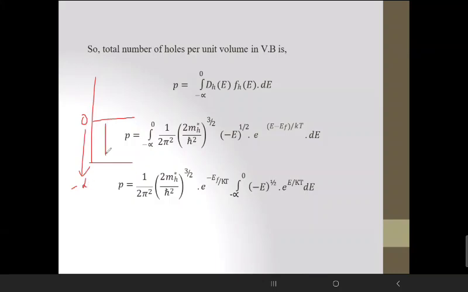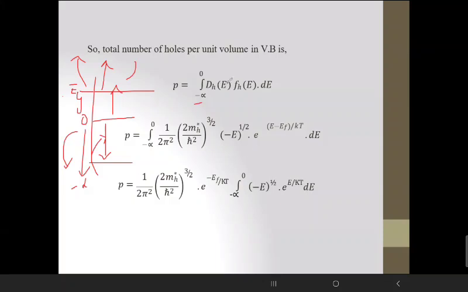This is your valence band region, and this is your Eg, and this is your conduction band region. So that's why the conduction band limit is Eg to infinity and the valence band limit is minus infinity to 0, always starting from small value to large value.